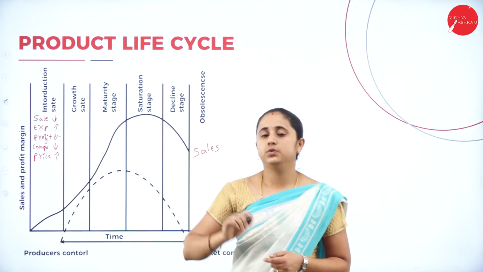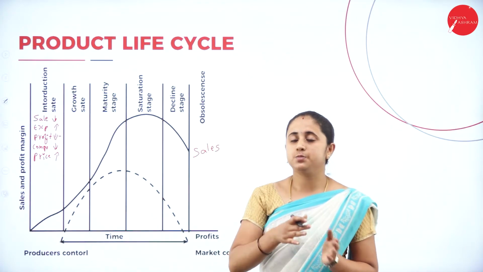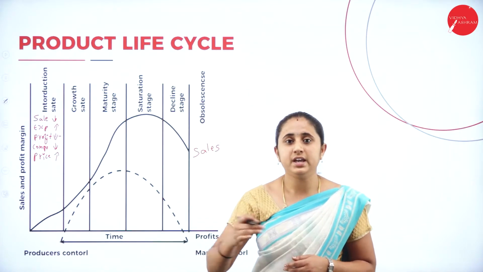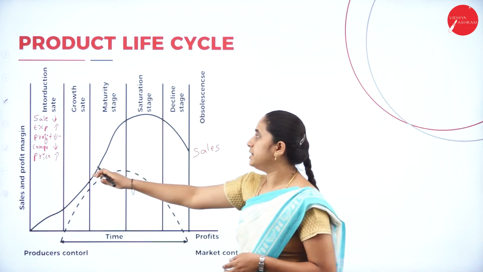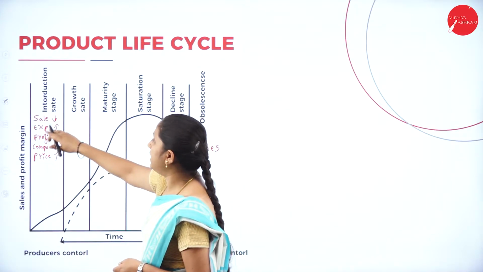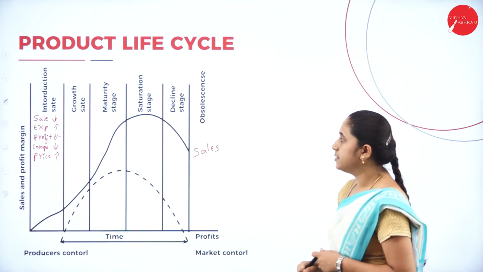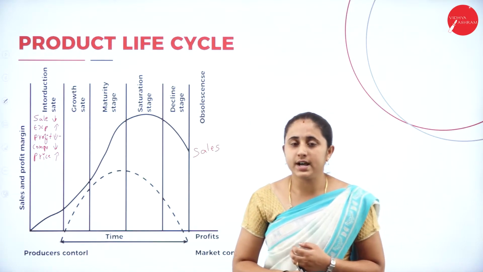As well, you need to motivate the distribution channel, or the middlemen, by offering incentive schemes, so that they work effectively. So it will help in increasing the sales and attract new customers.